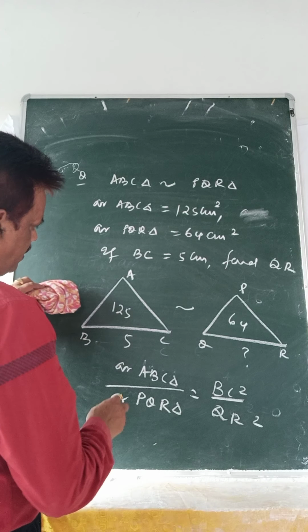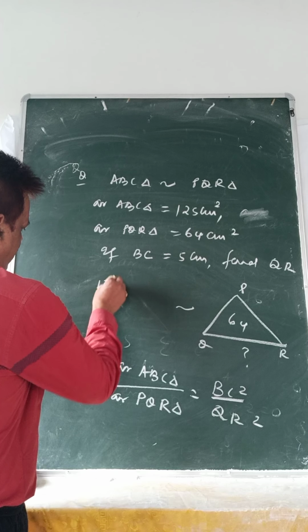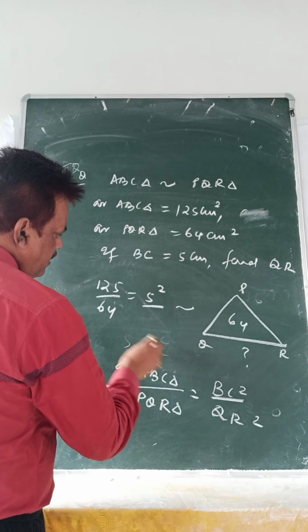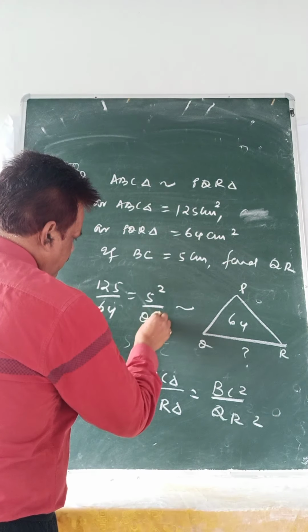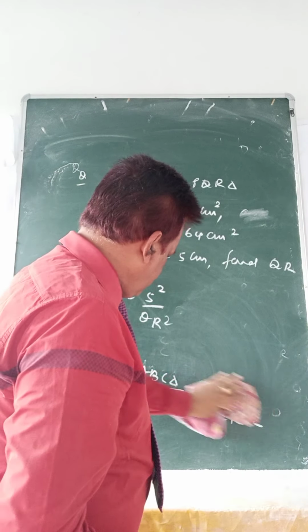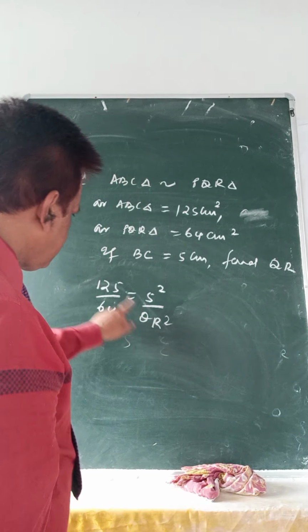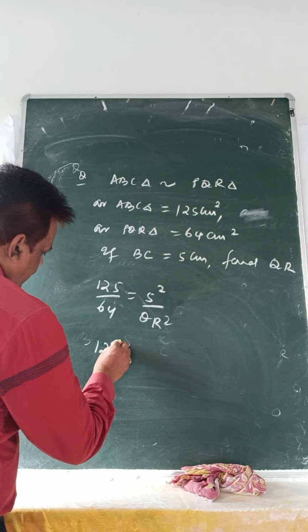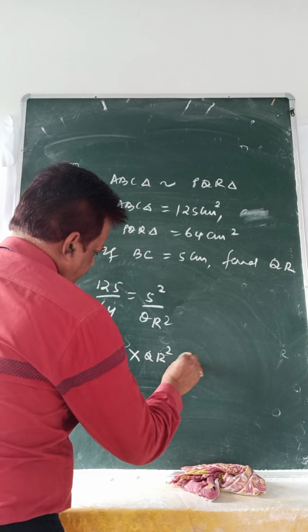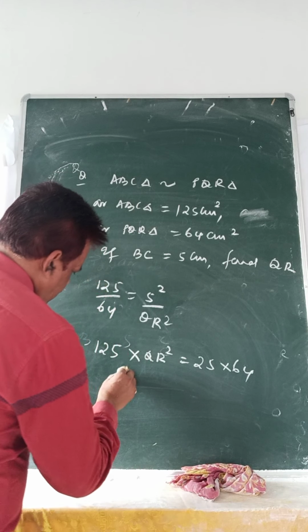So 125 by 64, 5 square by QR square. Do cross multiplication. 125 into QR square equals 25 into 64.